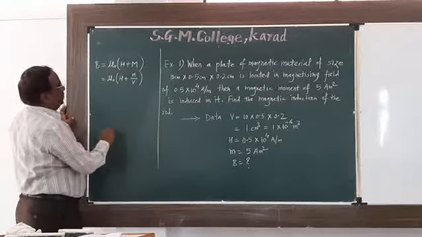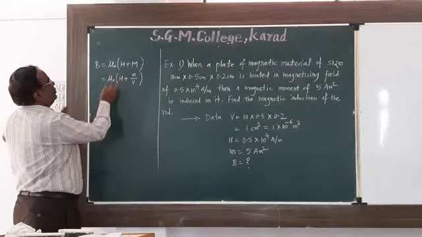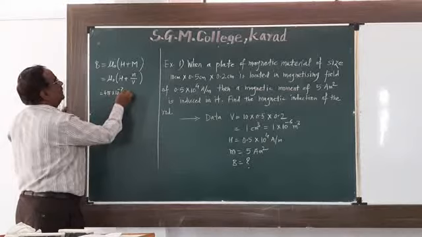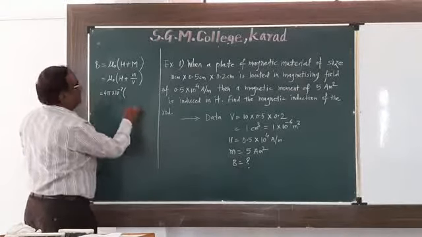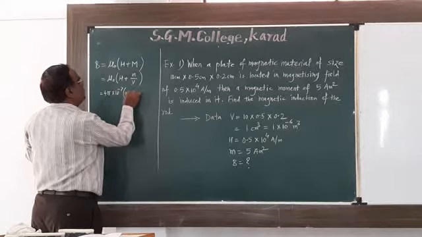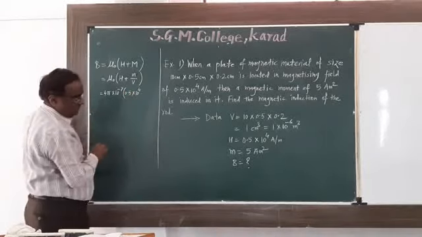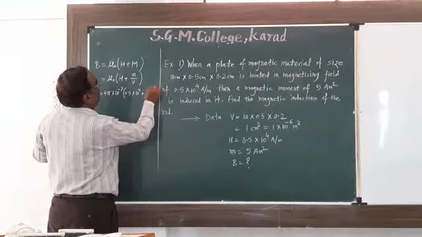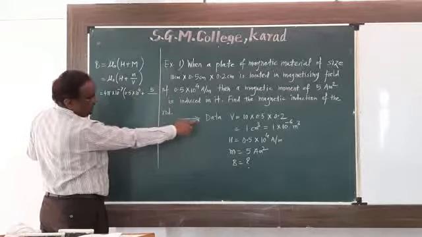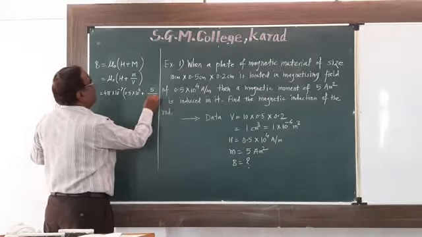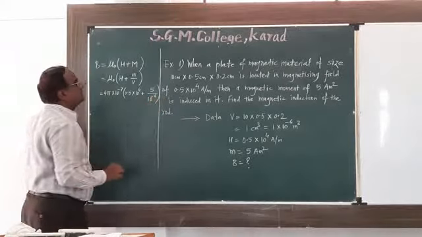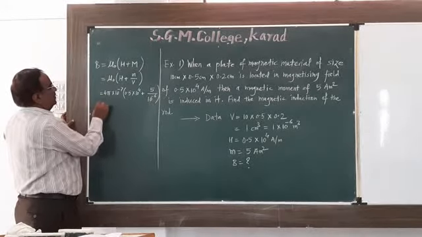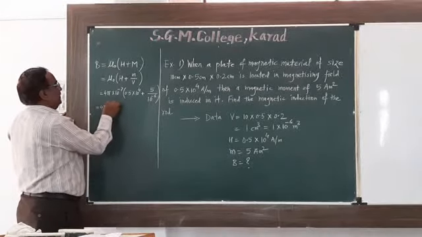Substituting these values now, μ0 is 4π × 10⁻⁷, H is 0.5 × 10⁴, plus m is given 5 divided by V. We have determined V as 10⁻⁶. Four π into 10⁻⁷.